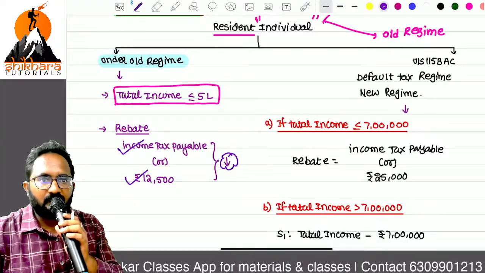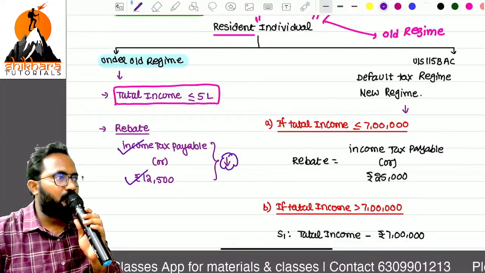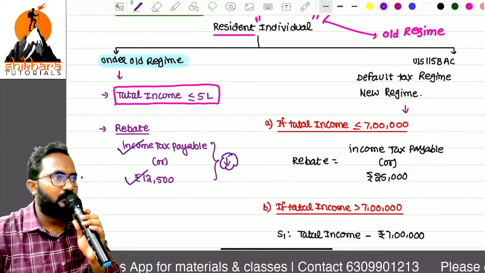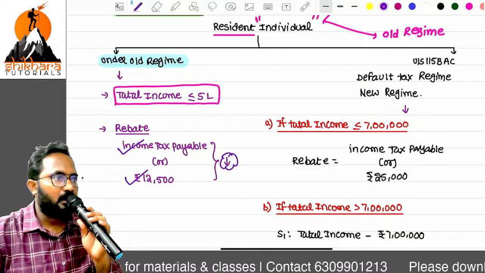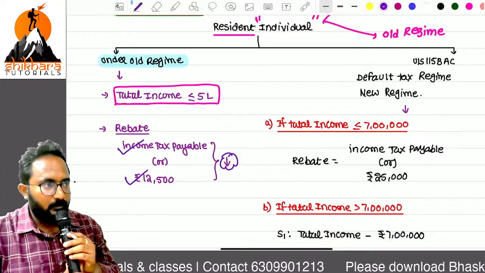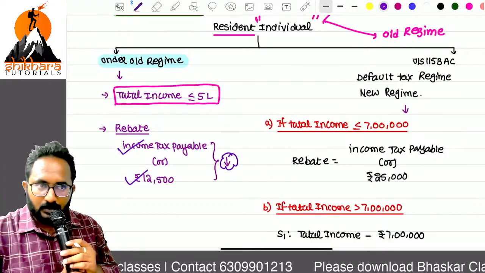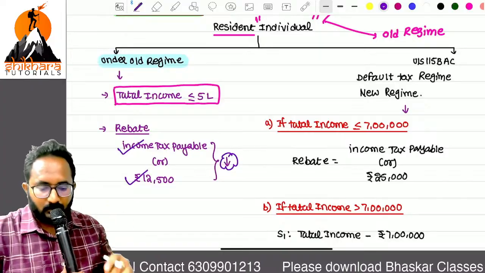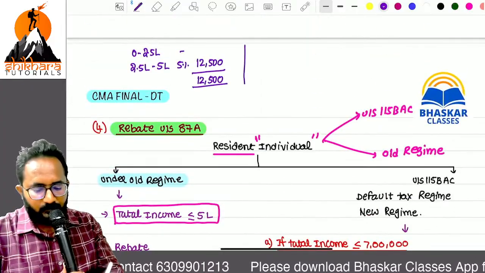That means if you have a total income up to 5 lakh, your tax liability is always 0 because of the rebate concept. Income tax payable or 12,500, whichever is lower. Now I want to give you one more example.